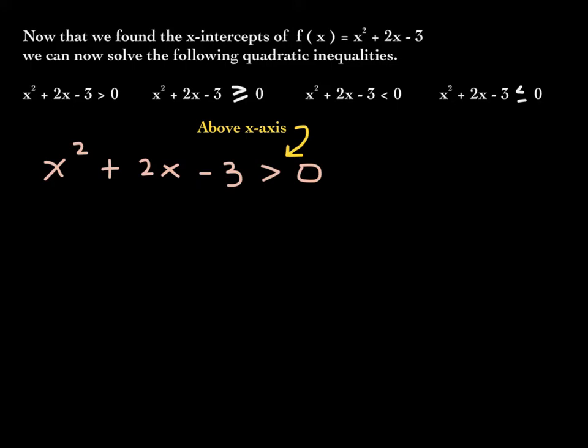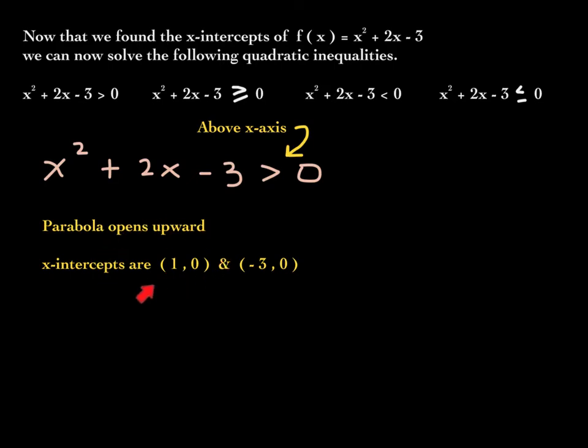Does it open upward or downward? Well, hopefully you'll remember from the previous lesson, when the leading coefficient, which in this case is positive 1, is positive, then that means your parabola opens upward.